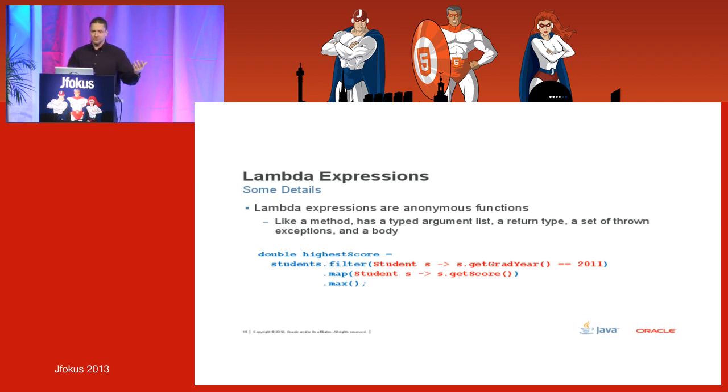So that would give us the return type that we would use. And then you can also have a set of thrown exceptions if you want to. So you can throw an exception in a lambda expression. There's no issue around that. And you can also obviously have a body to your expression, the code that you want to execute as part of your anonymous function. So we end up with the same set of code that we had before.